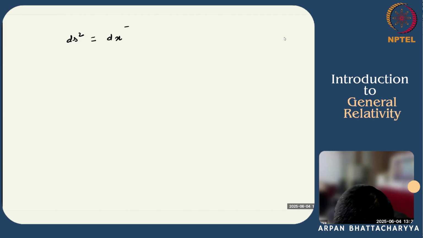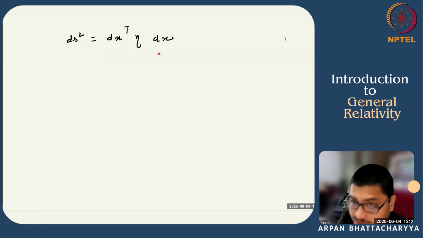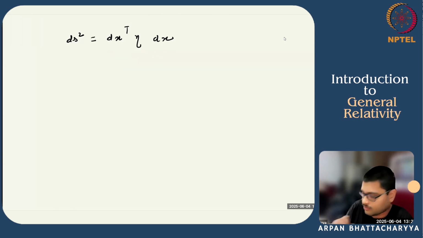So this is dx transpose, means it's a row. Then you have this eta, and you have to think that this is like a matrix. The row, this is a four metric, and this is a column.